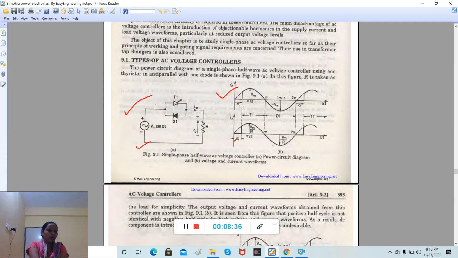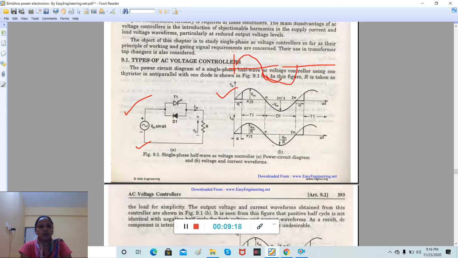So the SCR is forward biased during the positive half cycle. Positive half cycle, what do you mean by this? Here the source is like this, the source supplies the AC waveform.